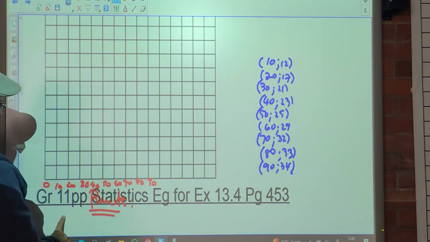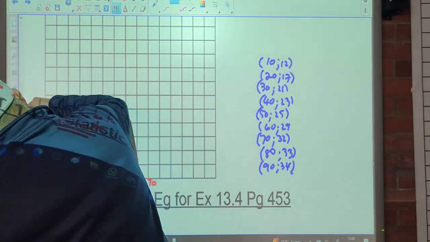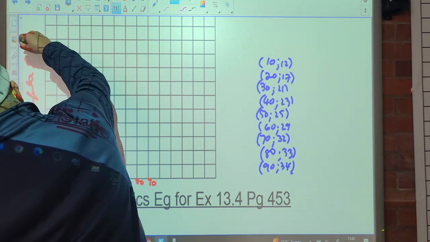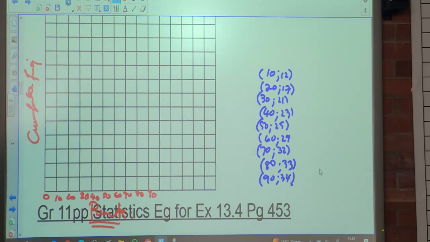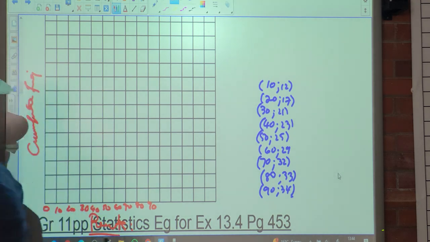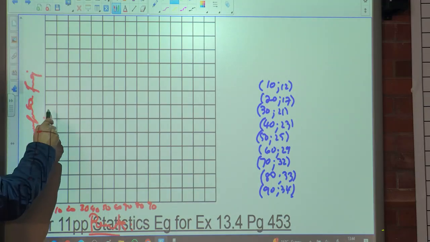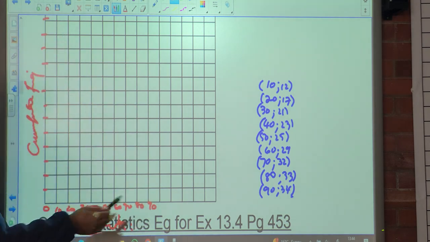So here is going to be your points. This represents points. And then on the side we'll have our cumulative frequency. What's the highest value here? 34. So what do I do? Going in 2s, it's going to be 2, 4, 6, 8, 10, up to 26, and I'm not going to get to 34.